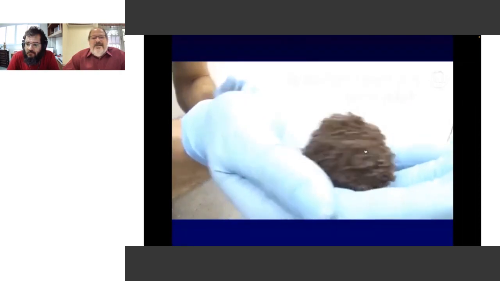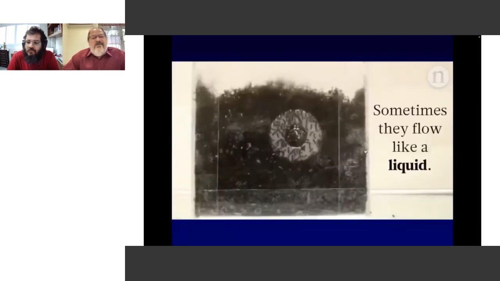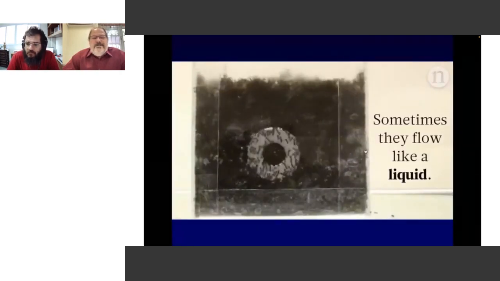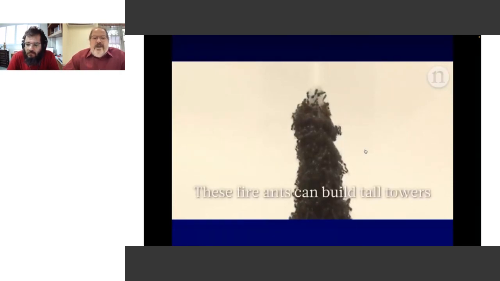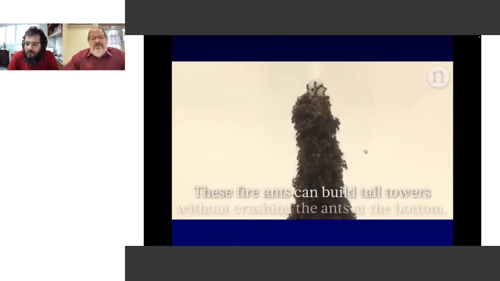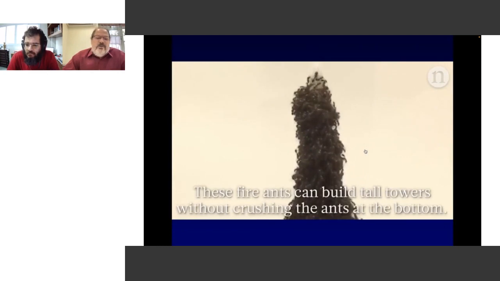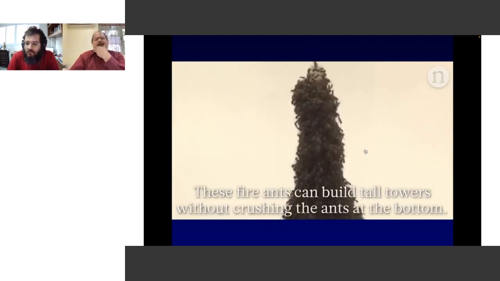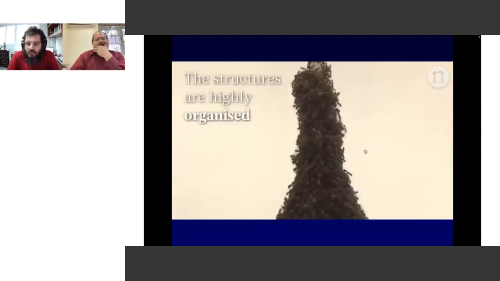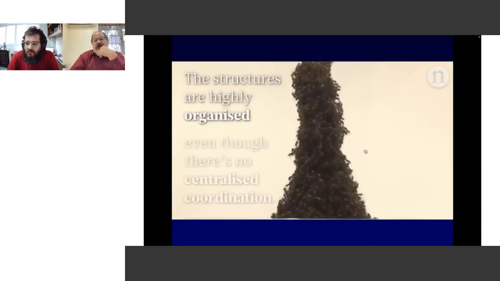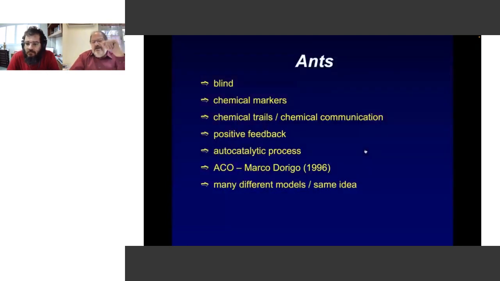See, sometimes they flow like a liquid. They can build tall towers that do not fall on themselves without crushing the ants in the bottom. And the structures are really organized. They raise many other interesting questions. How can stupid individuals produce such impressive results as a colony?